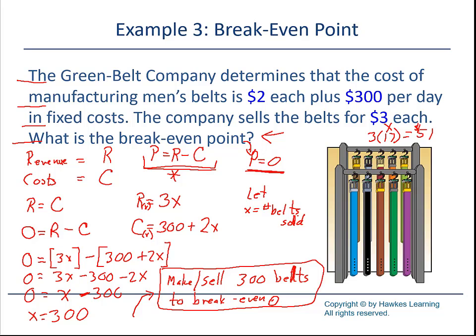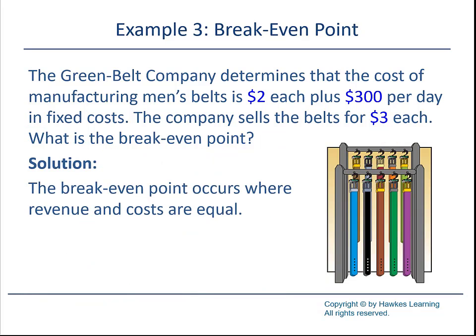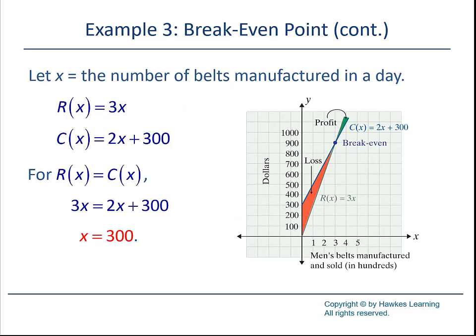All right. So the break-even point, revenue and costs are equal, or profit equals revenue minus cost equals 0. That's our break-even. Those are our 2 functions, the revenue function and the cost function.